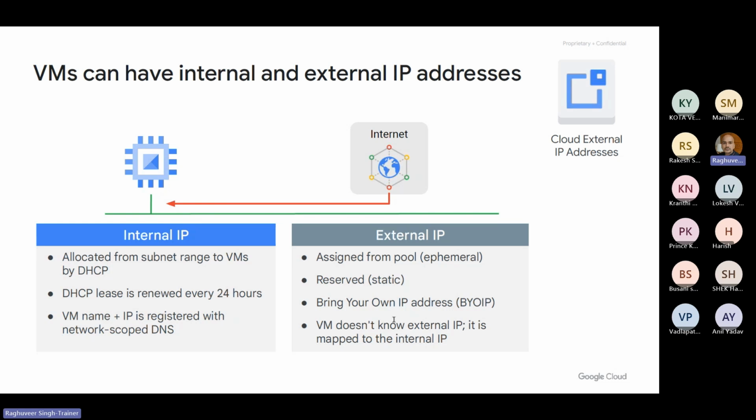Whenever a request goes from that VM to another VM, or even if that VM tries to connect to the internet, the public IP will be used, and the network address translation will happen at the network perimeter. There will be a gateway responsible for replacing the private IP of the VM with its public IP so that the request can be forwarded to the public network. That's how it happens.